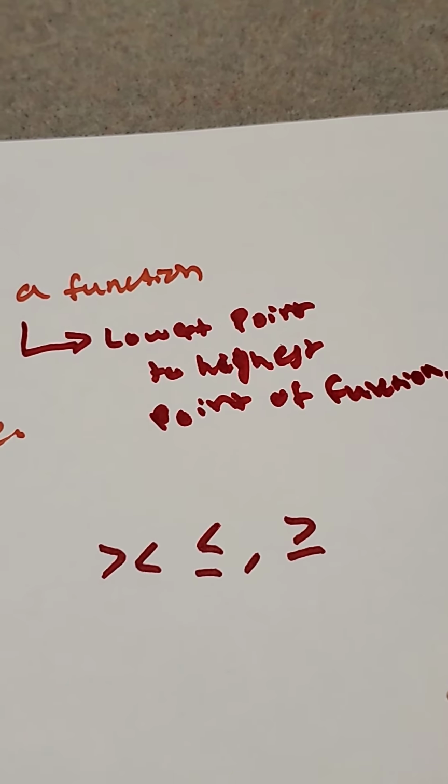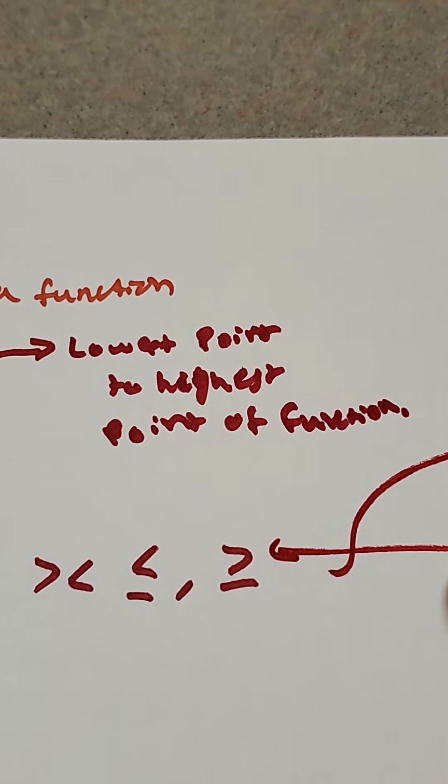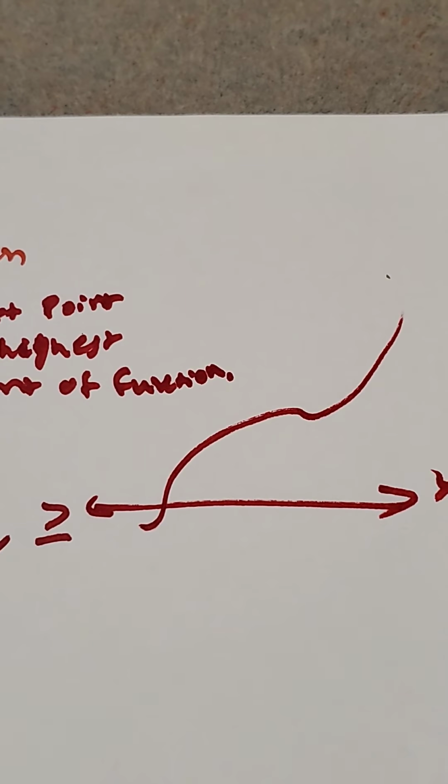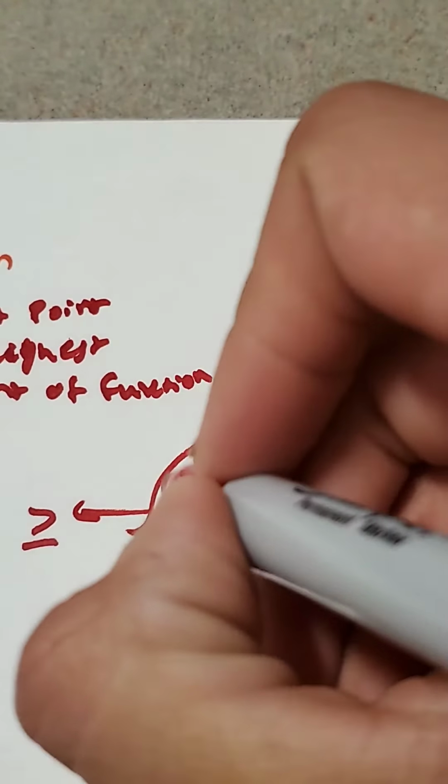So meaning, if we're given this curve, the domain is on the x-axis. Sorry, let me move this over a little bit, guys. On the x-axis, pretty much the domain is every x value here.